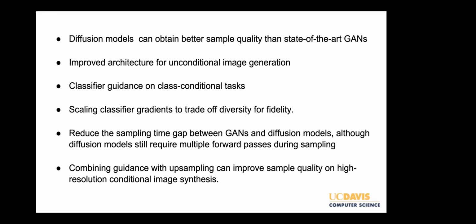The authors found that the scale of the classifier gradients can be adjusted to trade off diversity for fidelity. These guided diffusion models can reduce the sampling time gap between GANs and diffusion models. Finally, by combining the guidance with upsampling, the models can further improve sample quality in high-resolution conditional image synthesis.